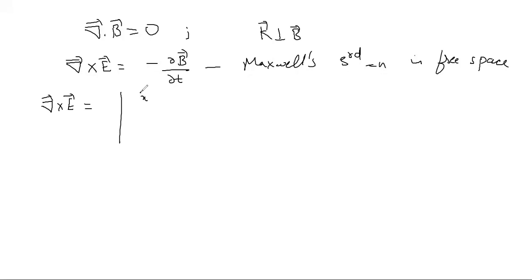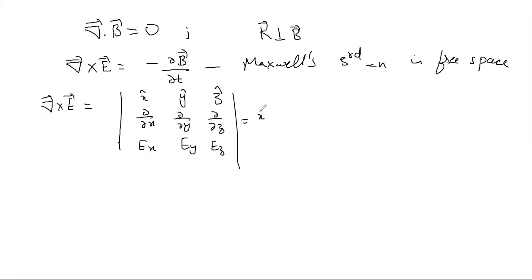Vector, you know how to do the vector product. You will have del, curly by curly x, curly by curly y, curly by curly z. E will have three components, Ex, Ey, Ez.